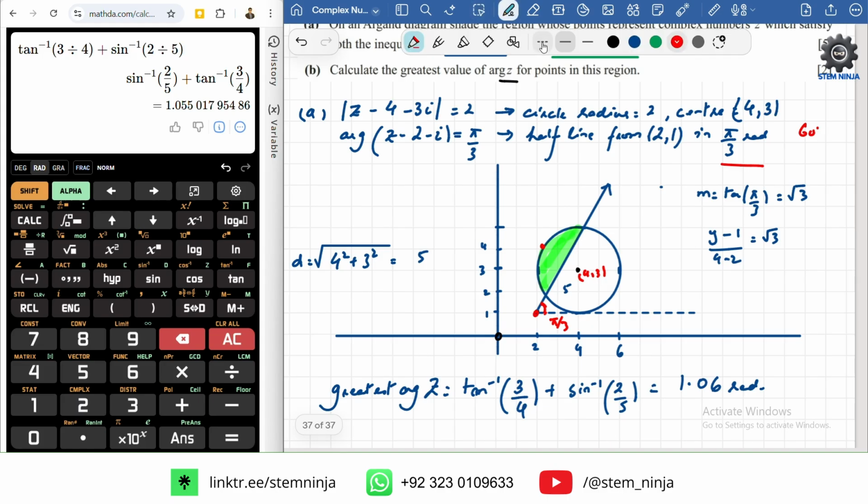You can instead keep a dotted line to show that. Right, this and this. Otherwise, everything is done. So, that's it.